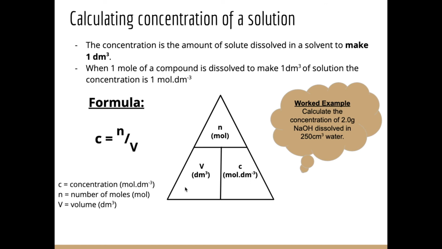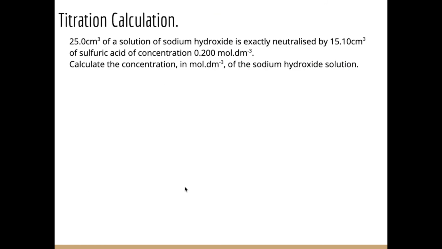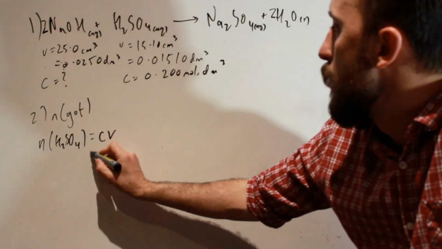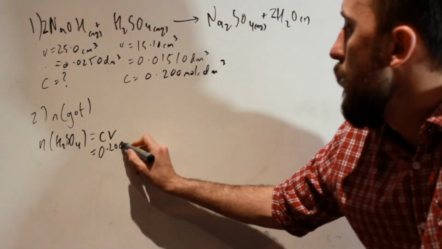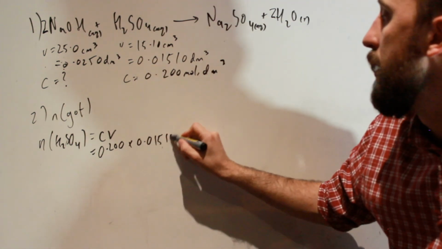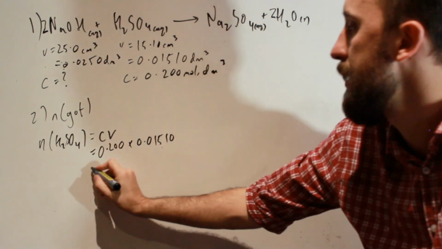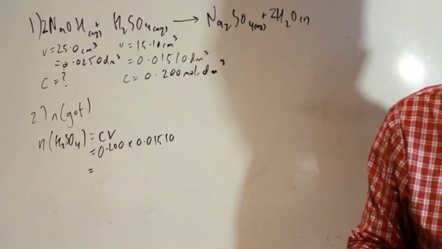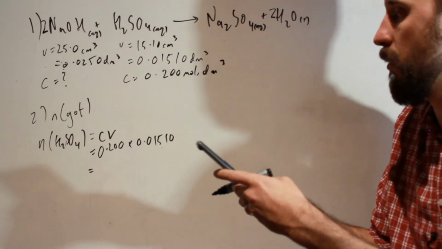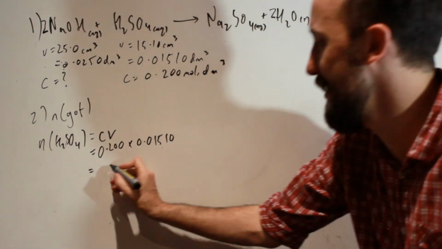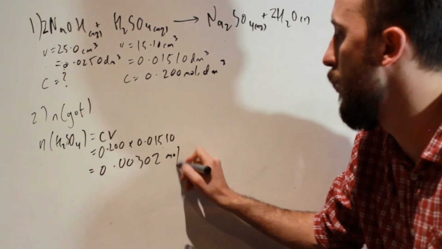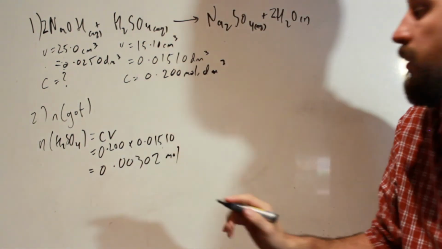N is going to be equal to C times V. Let me flip back to the whiteboard. Our C is equal to 0.200. We're going to multiply that by 0.01510 because we need to make sure the units are the same. We're going to punch that into our calculator. And we have 0.200 times 0.01510. Lots of zeros. 0.00302 mole, not rounding or doing anything just yet.